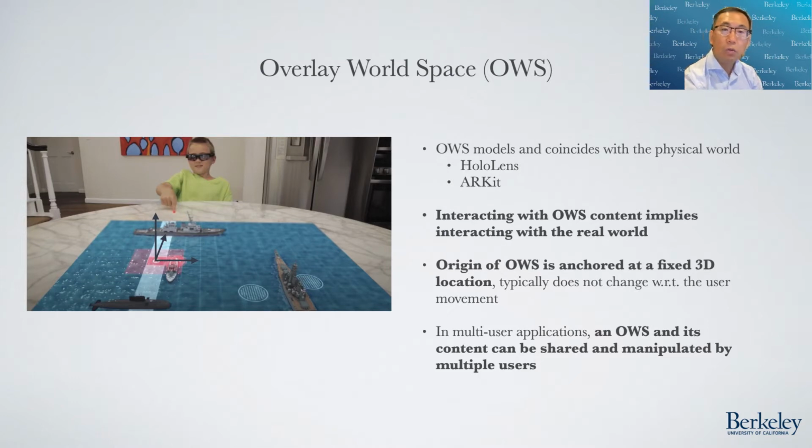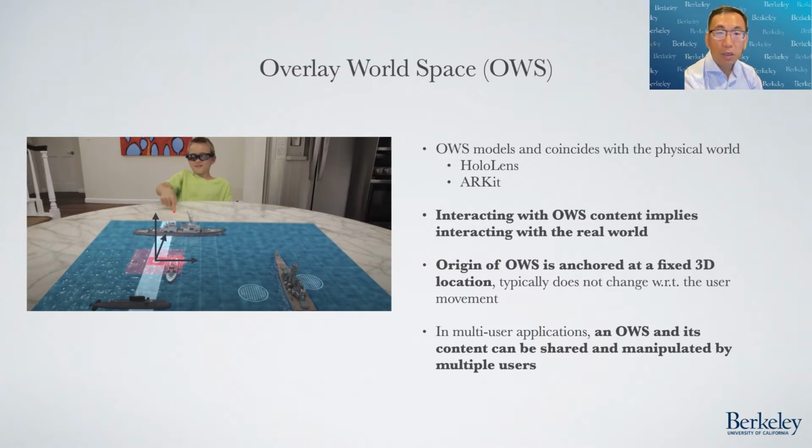The best place to create a shared working space or shared playground is the overlaid world space, or the OWS. For this purpose, the OWS models and coincides with the physical world. Many AR systems must be able to model and keep track of the physical world, such as HoloLens or ARKit.